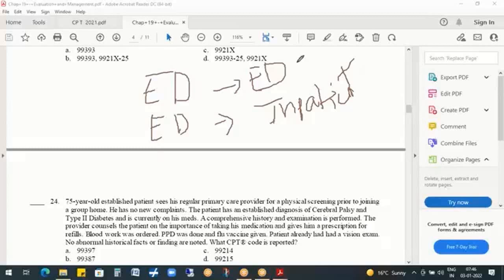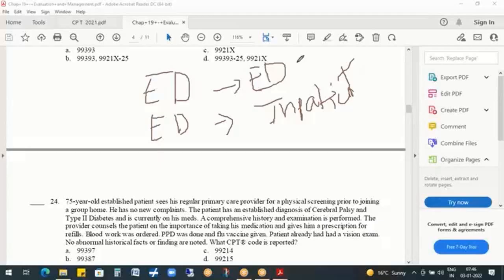For example, if it is an office visit, the codes are based on new patient or established patient. If the location is office visit, what we need to look in the question? Whether the patient is a new or established patient. If it is inpatient services, then we look for initial or subsequent, like that.